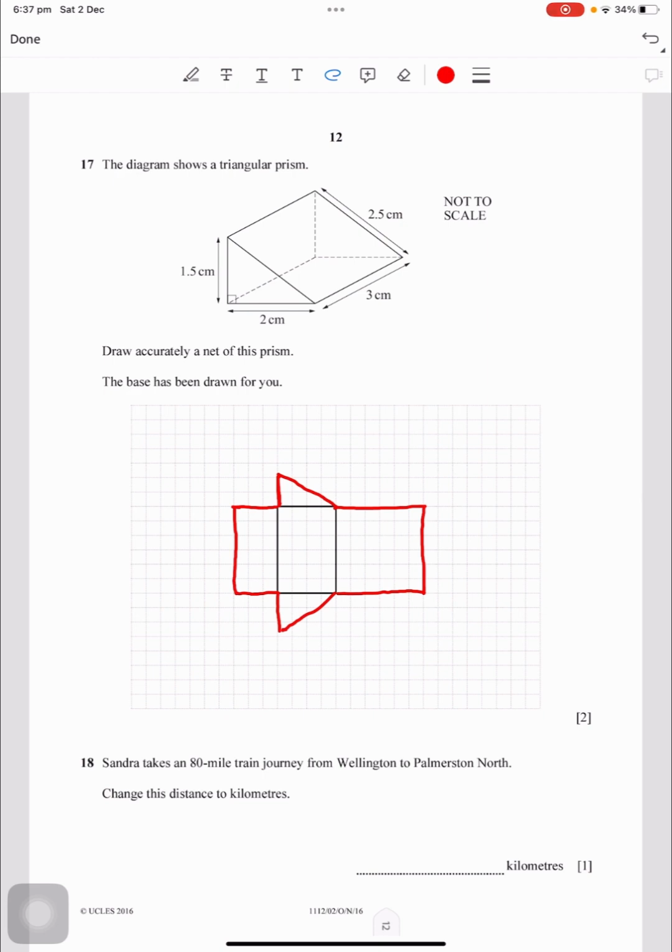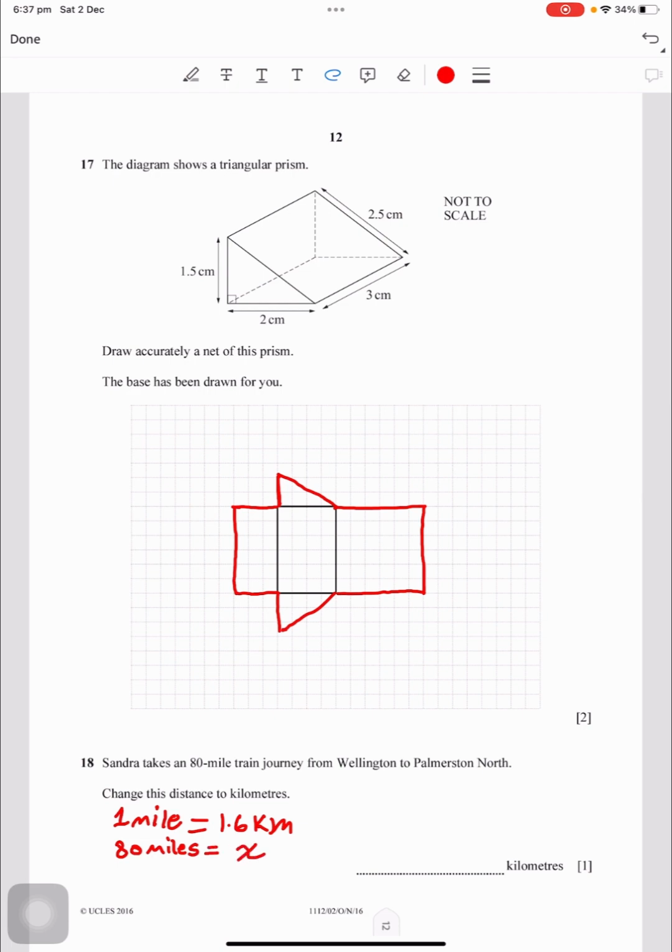Okay, so first, 1 mile is equal to 1.6 kilometers. So, we need to find 80 miles. So, let's write 80 miles is equal to, let's say, x.